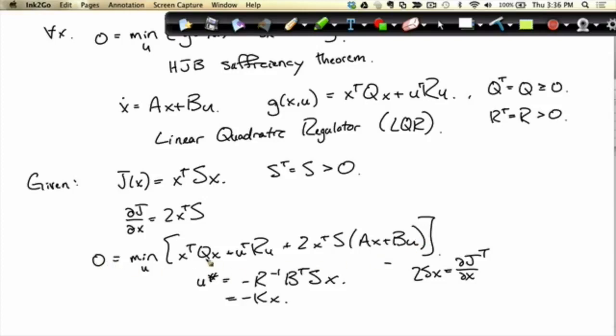So what I end up with is a matrix equation: 0 equals x transpose something big x. For all x, this has to be equal to 0. So it's going to be sufficient to say that this thing has to be equal to 0. And that thing turns out to be some pretty scary looking, but it could be worse, I guess, some very famous equation.